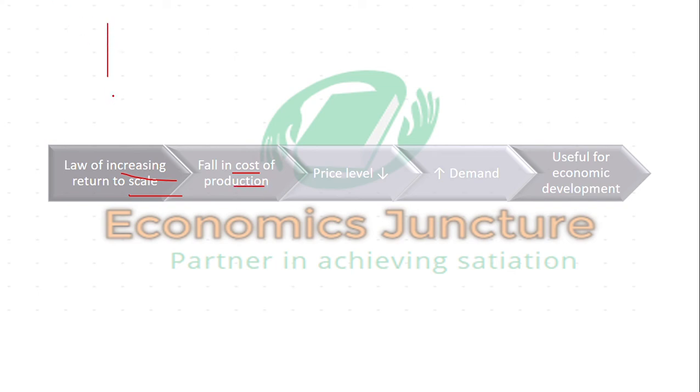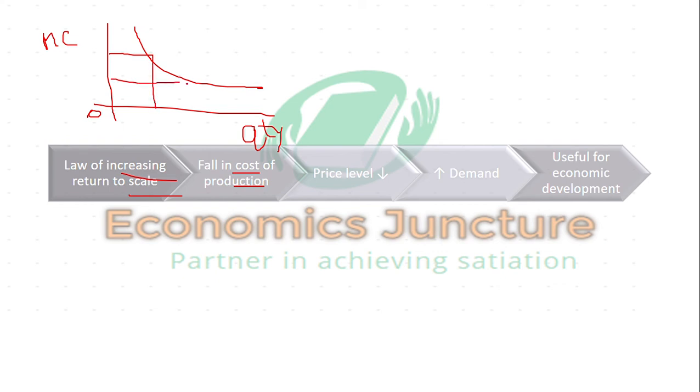So if I can draw a diagram, it's not very proper, but it would be enough to understand: if marginal cost is taken on the y-axis and quantity on the x-axis, it will have this parabola shape. As more quantity is produced, you'll see the marginal cost would decrease.